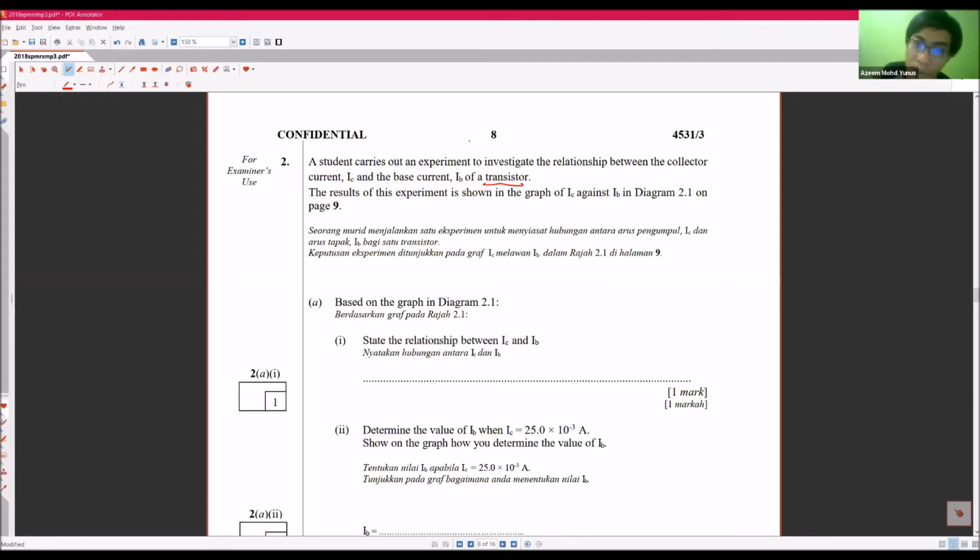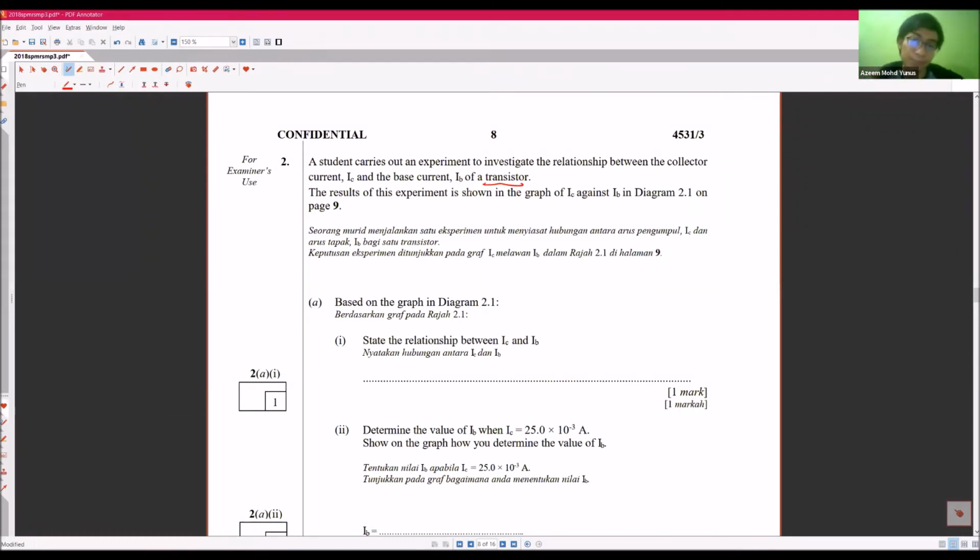It doesn't require you to understand the concept. It's still using amperes, the unit that you already encountered before, and doesn't introduce anything new other than the terms collector current and base current.